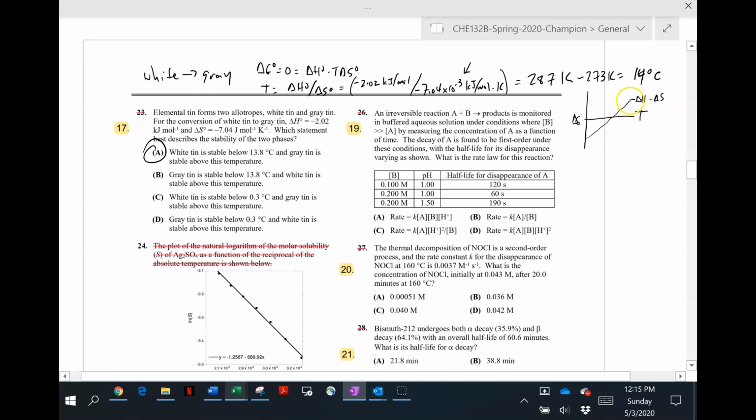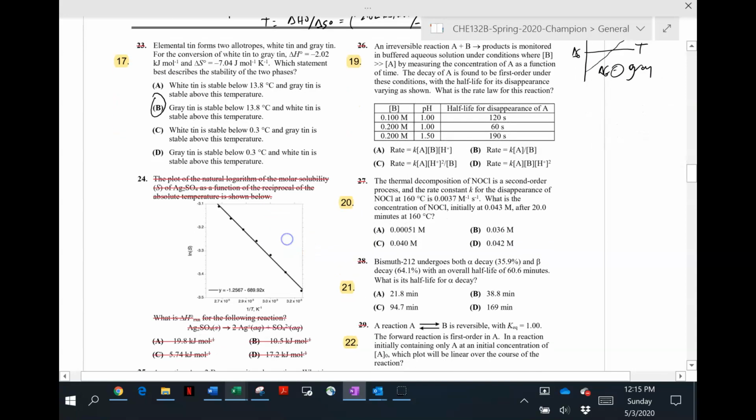So actually, yeah, I'm sorry, I've got this backwards. Below that temperature, it's going to be the gray tin. Below this temperature, delta G is negative, right? So that's going to favor the gray. And above that, delta G is positive. That's going to favor the reactant, the white tin. Okay. All right.